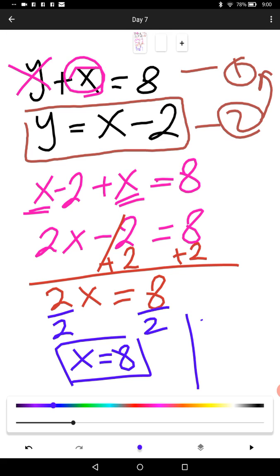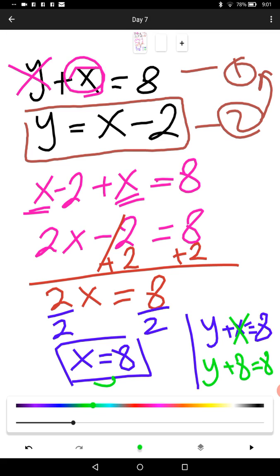In the first equation, y plus x equals 8, and we know that x equals 8. So we will move x and put 8 here. Y plus 8 equals 8. That means y equals 0. So the answer here is y equals 0.